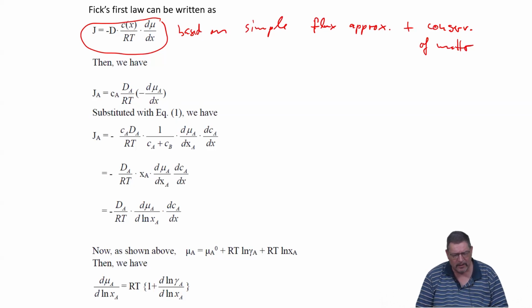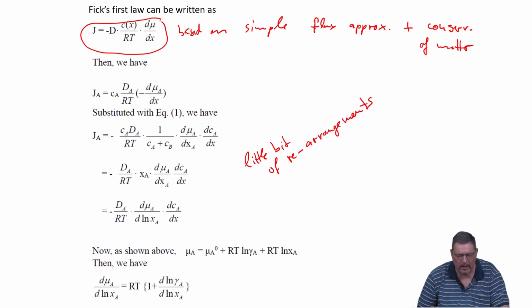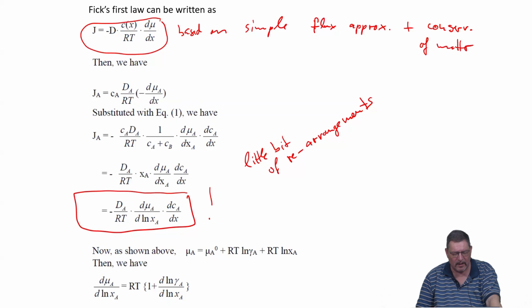Which means that we can now put the equations on the first page, especially the last one which I circled, into the flux description. And what we get then with a little bit of rearrangement is this term, right?